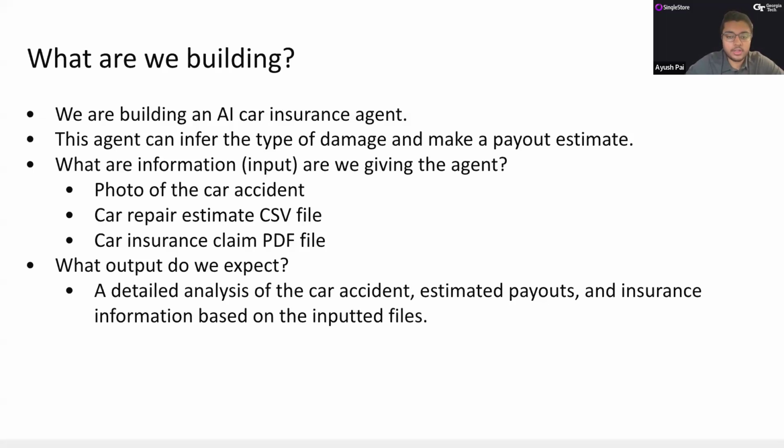The expected output is a detailed analysis that includes an informed estimate of the payout amount based on the assessed damage and the terms of the insurance policy, all compiled in a really efficient manner without manual intervention. This solution aims to enhance the overall accuracy and efficiency of insurance claims.